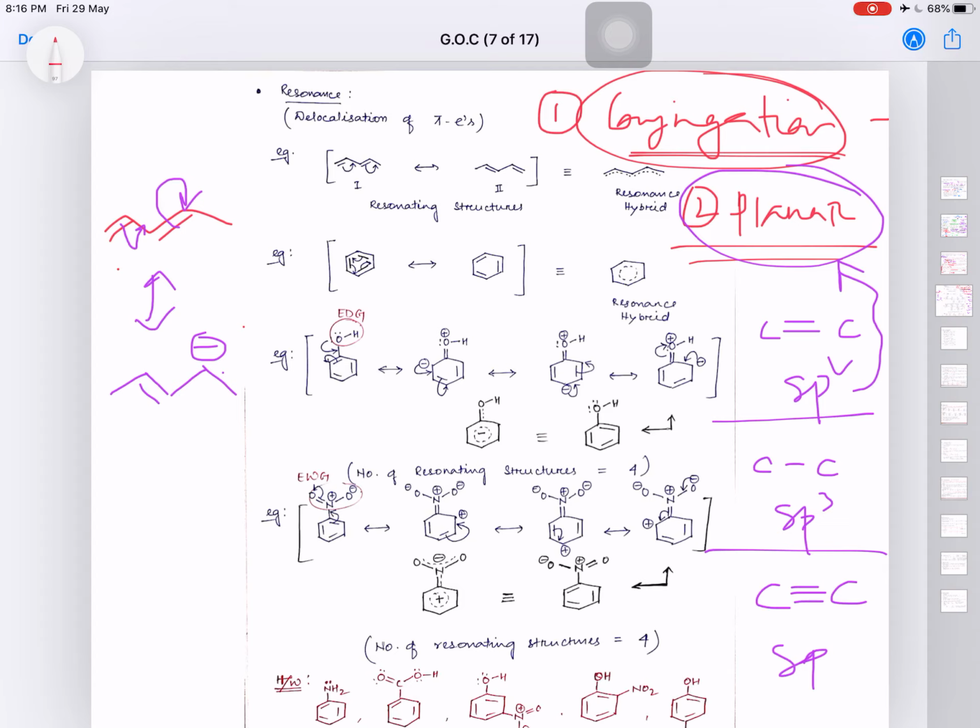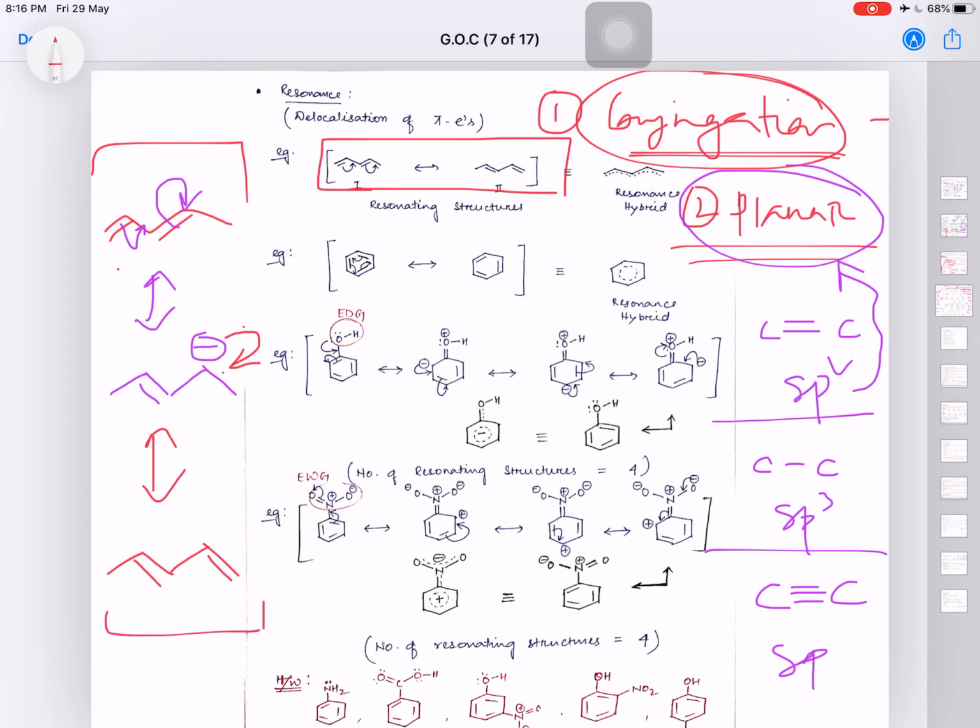So this is the example. You can draw it like this also, I have just skipped two steps. First it will come like this, then you can show this will come here and you will get this structure. So these are the full resonating forms for this molecule.